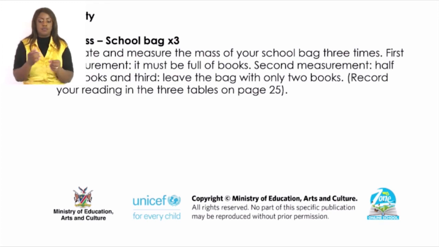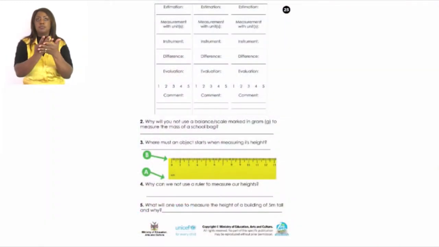For the second measurement, you need to have some books. And for the third, you must leave the bag with only 2 books. You must do this recording in the table on page 25.